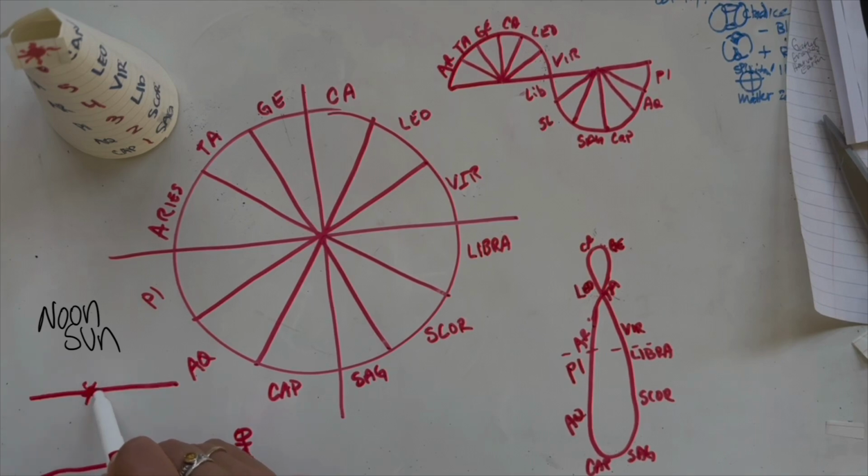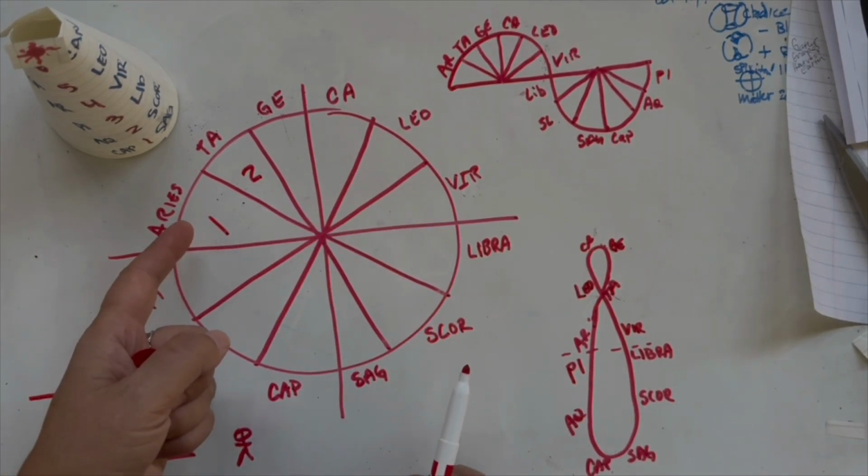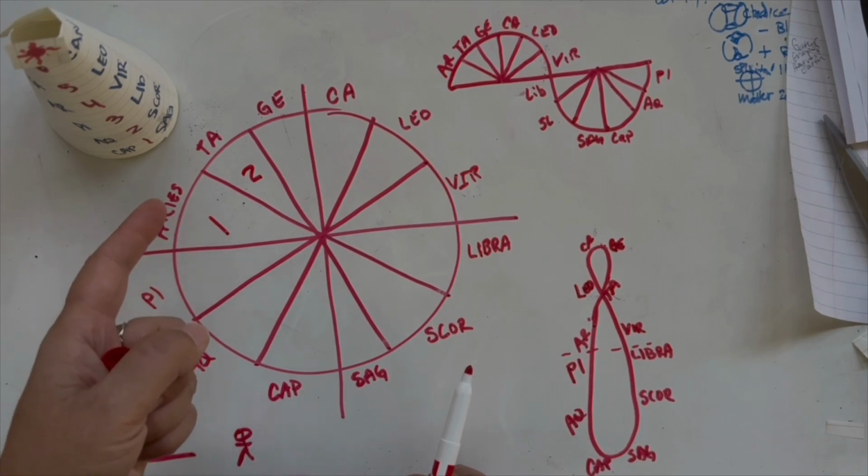It's a physical position. It'll look midline in the spring and in the fall, and it'll look low in the winter. Number 1 is the beginning of the year, the spring.